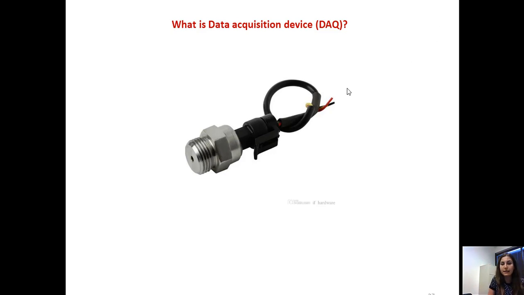So that's one thing that you should know. And the cables that come with the transducer or your sensor, one of those cables is for the power input, the electric power, so that the sensor can actually operate. The second thing is the range that the sensor can read: for example, pressure in psi, temperature in centigrade, pH from 0 to 14.